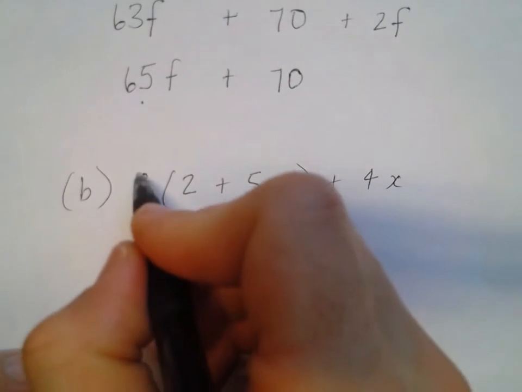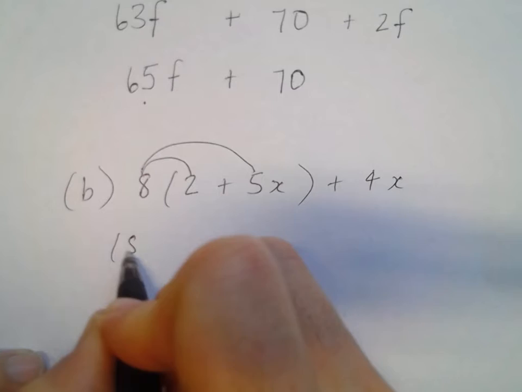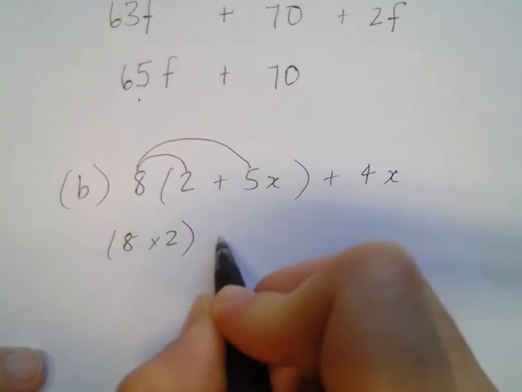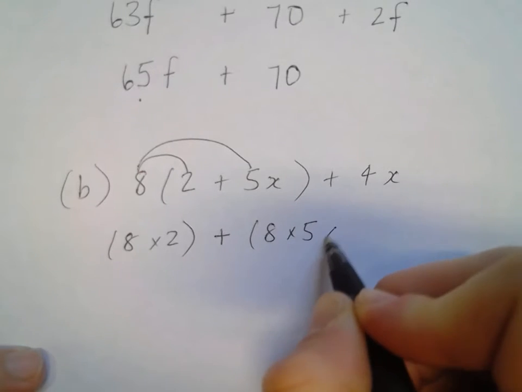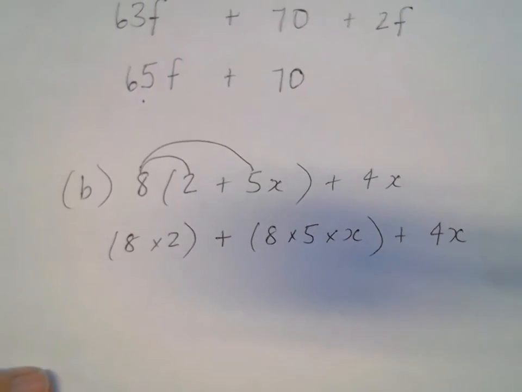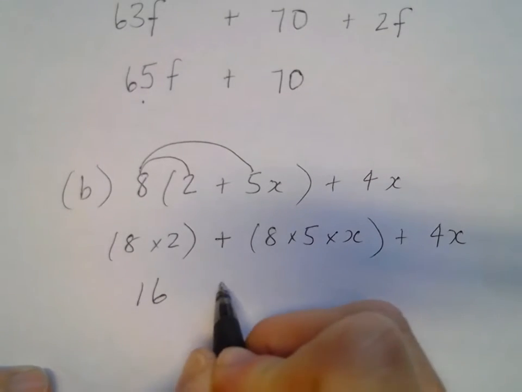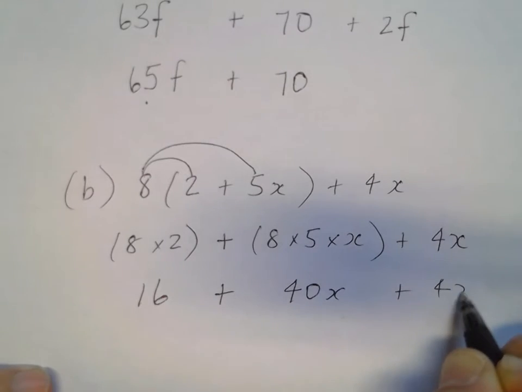Alright, let's just expand this bracket using the distributive law. 8 times 2, bring down your plus from the bracket, 8 times 5 times x plus 4x, leave it for now. 8 2s are 16 plus 8 5s are 40x plus 4x.